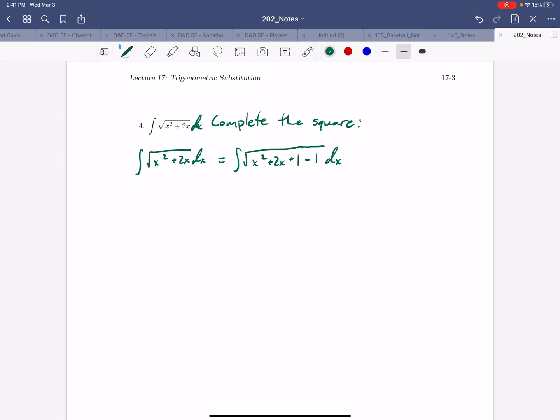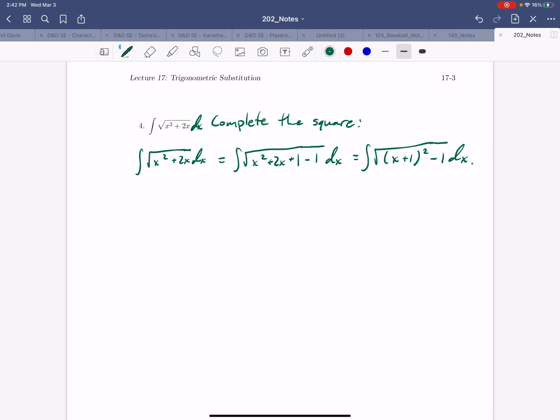And then note that this is the same thing as the integral of the square root of x plus 1 quantity squared minus 1 dx. Right?